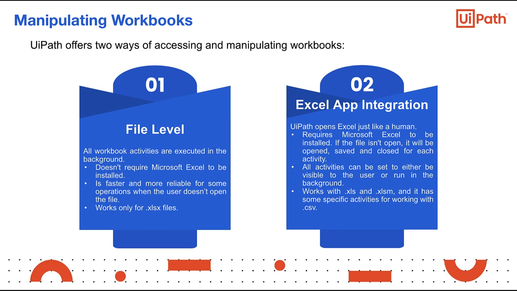It works with multiple types of files, including XLS, XLSM, and it has some specific activities for working with CSV files. Both of these access levels share some common activities, and Excel app integration offers a few more. The activities are discussed in the coming slides.